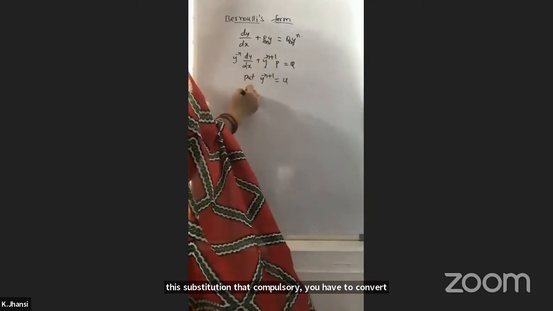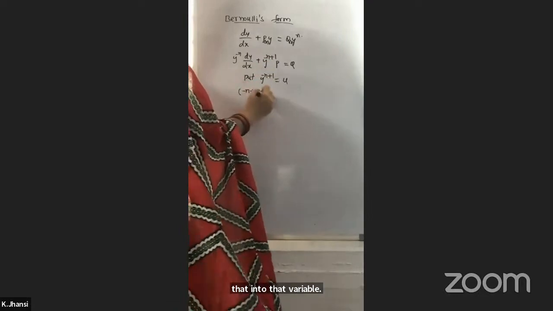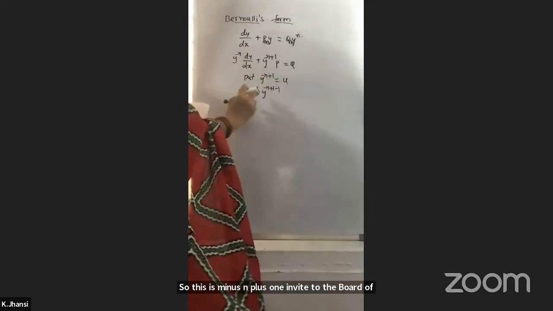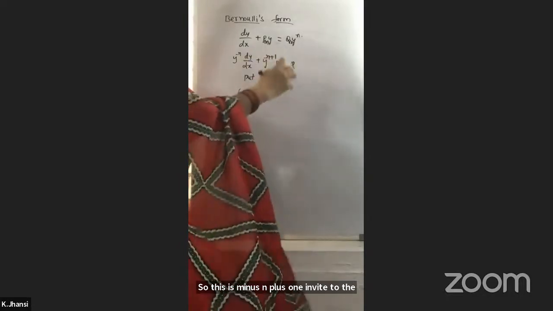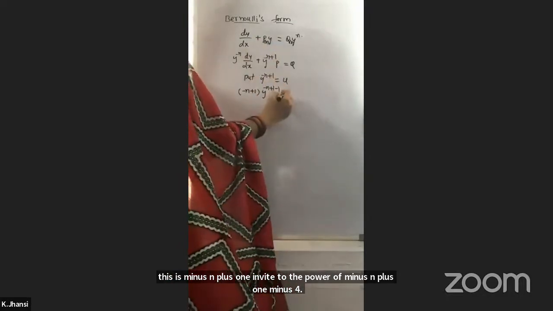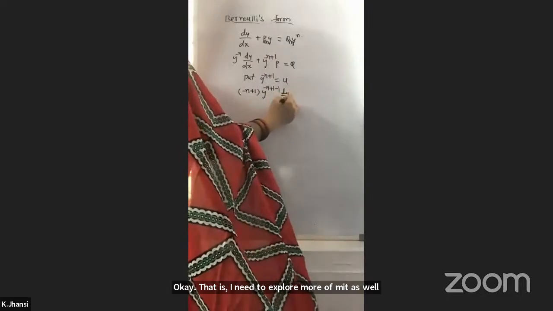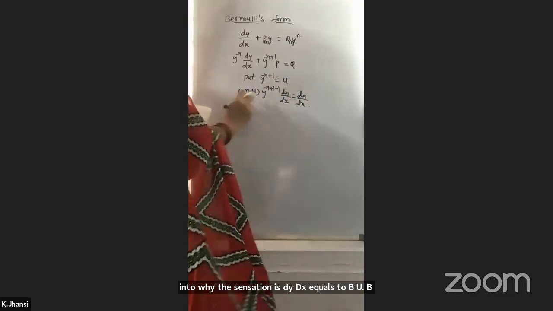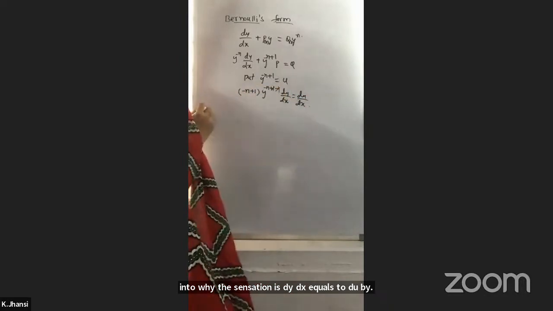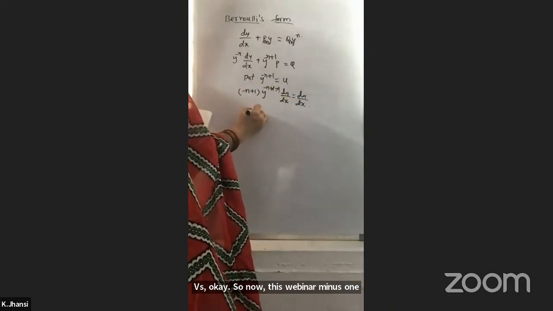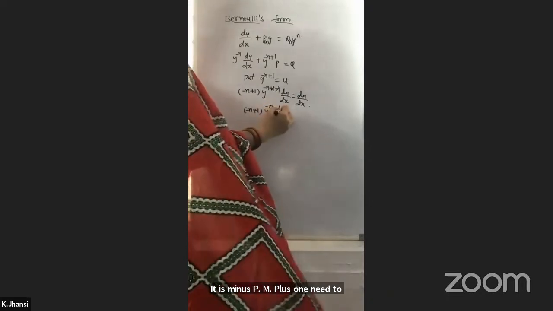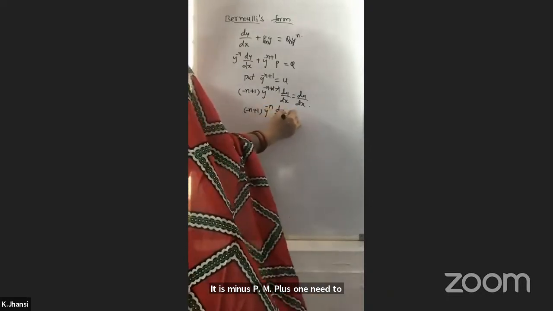So this is minus n plus 1 into y to the power of minus n plus 1 minus 1 into dy/dx equals du/dx. Now the 1 and minus 1 cancel, so it is minus n plus 1 into y to the power of minus n dy/dx equals du/dx.